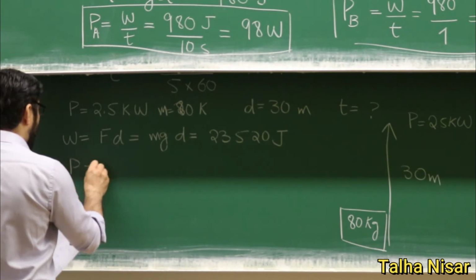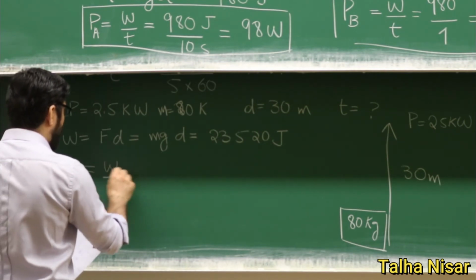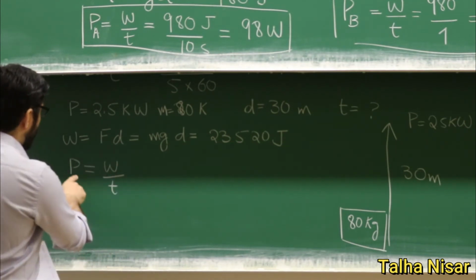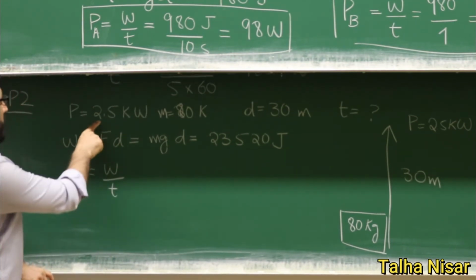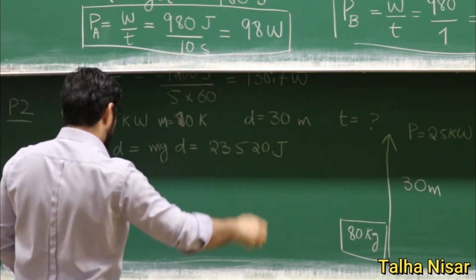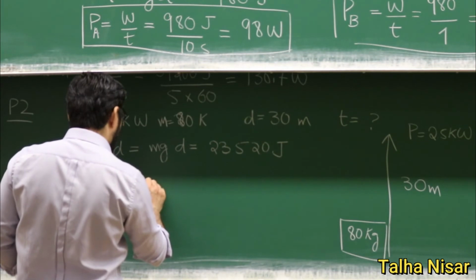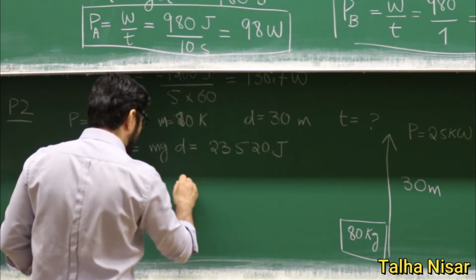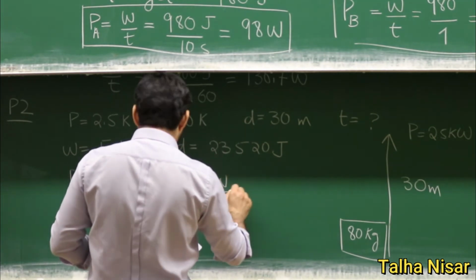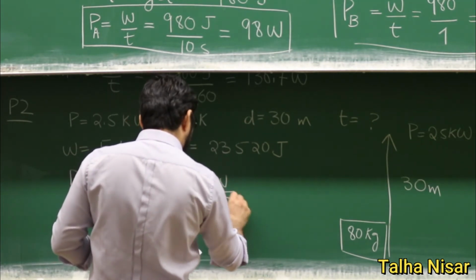For the time, we have the formula of the power, but we are interested in the time because the power is given, and the work done we just calculated. So we can write time as work done divided by power.